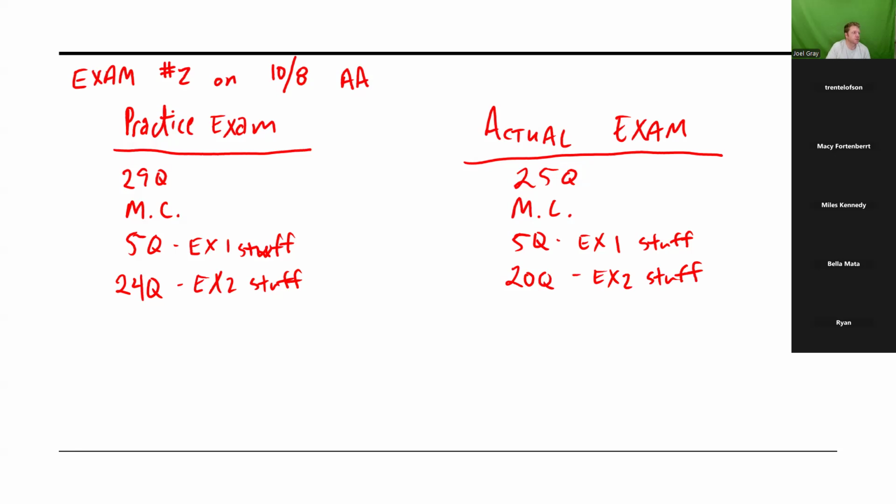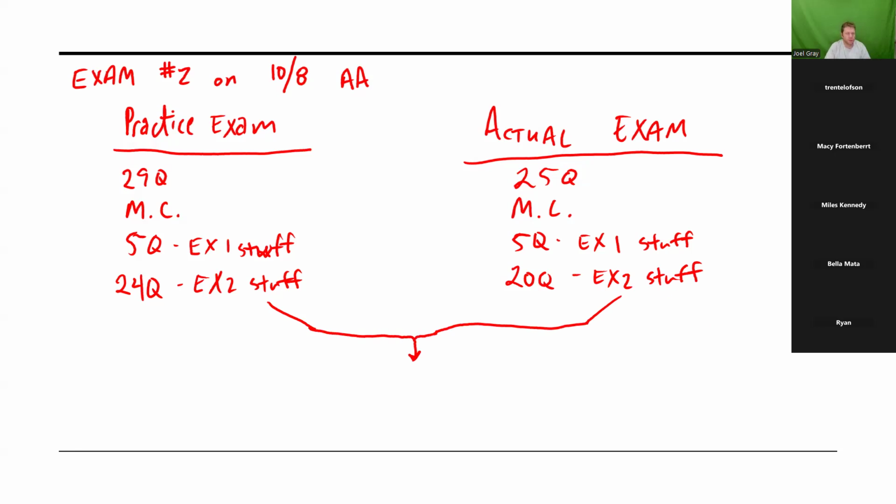Now, what does this exam 2 stuff consist of? It consists of a couple of different things, and I'm just going to combine these into one list because they're going to be identical.